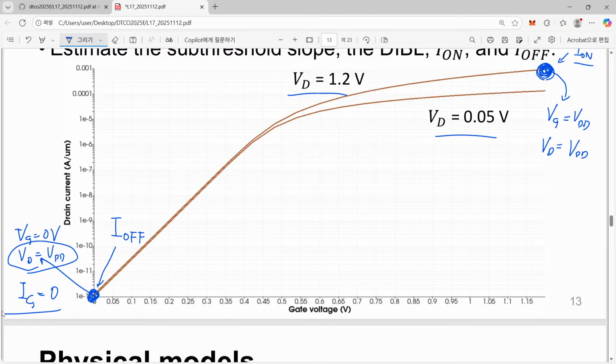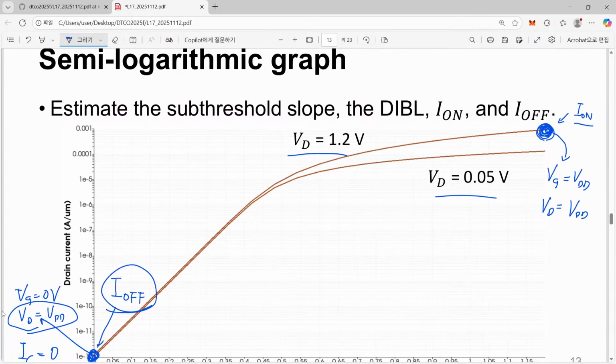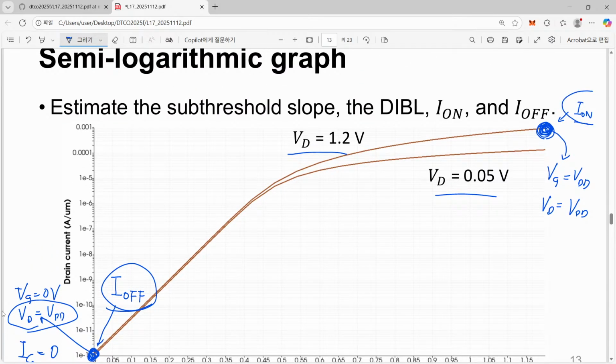So these two numbers are most important. Ion corresponds to the performance of your transistor. If this number is higher, then we call it a high performance device. And we have Ioff.